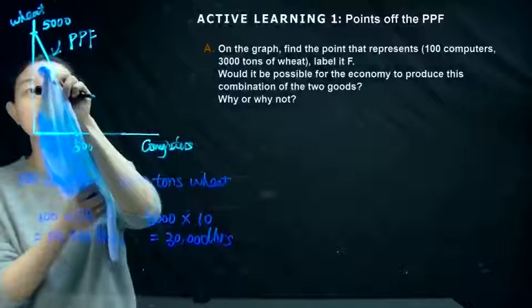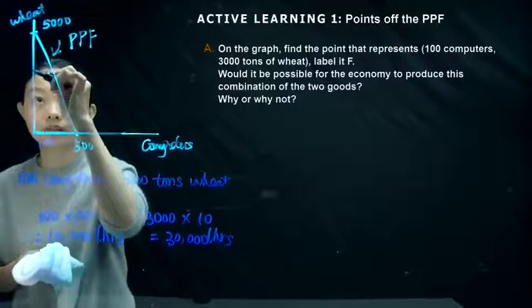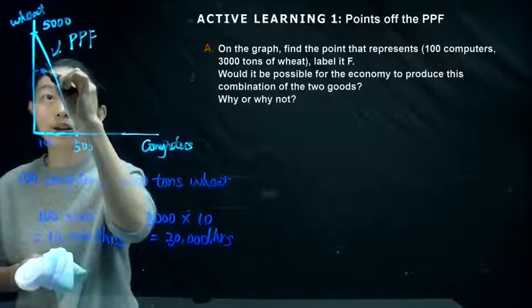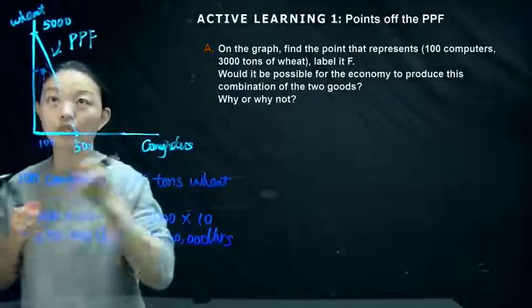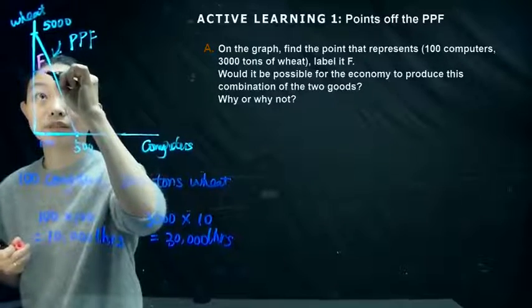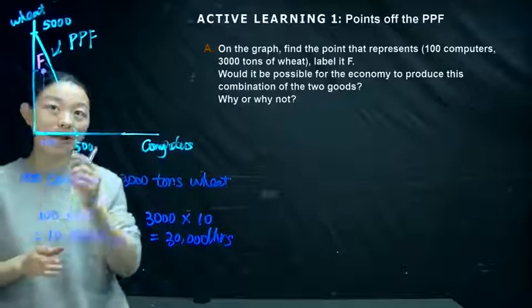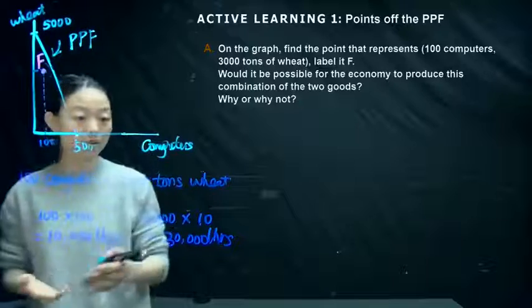You might find one point here, and then you should label this one as point F. This point is point F. So do you think that point F is able to be produced based on the current labor hours?